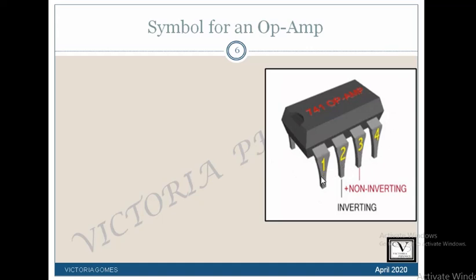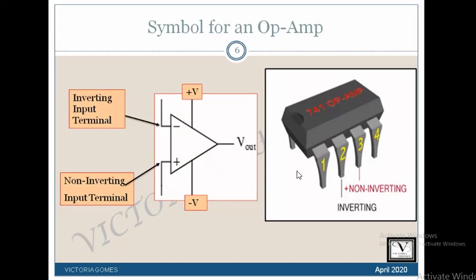As you can see over here, there are pins. By connecting these pins to supply voltages and a few other components, we can quickly build all kinds of different useful circuits.